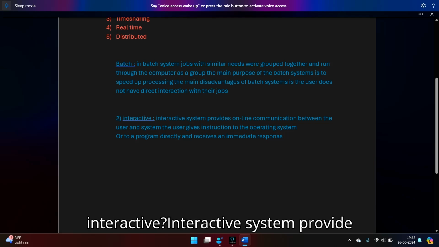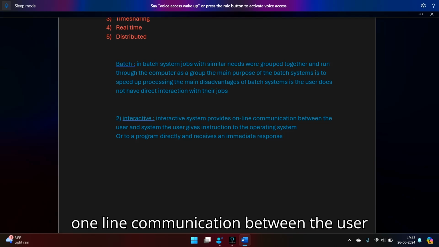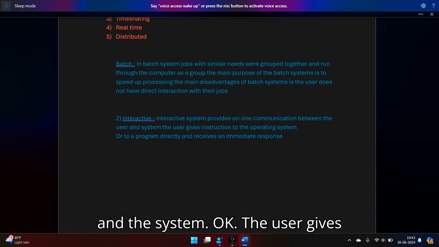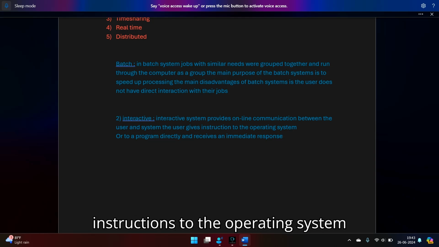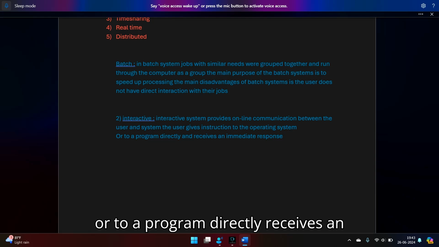This is interactive. What is interactive? An interactive system provides online communication between the user and the system. The user gives instructions to the operating system or to a program directly and receives an immediate response.